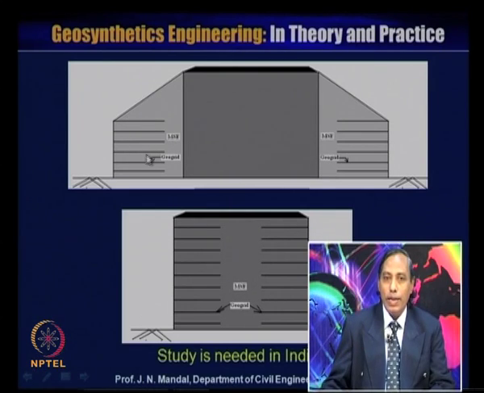They say that this will be much cheaper because the number of reinforcement layers can be reduced. But if you think in terms of energy or carbon dioxide footprint, it seems to be something different. So, I think that some study is needed in India in this related area.